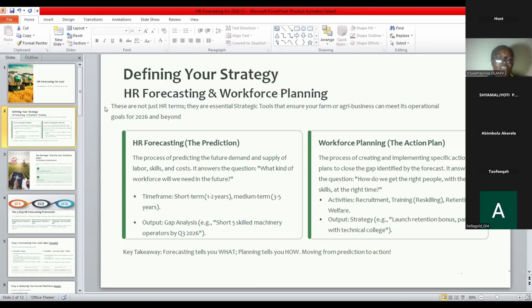So I define HR forecasting, in other words prediction, as the process of predicting the future demand and supply of labor, skills, and costs. When you are doing HR forecasting, it's not only people you are forecasting. In layman's language, when you say you are forecasting HR, a layman will say you are talking about people, but not only people.